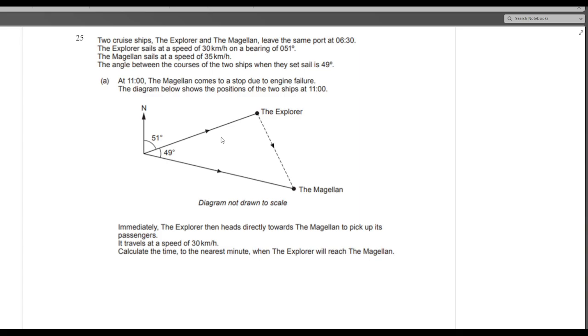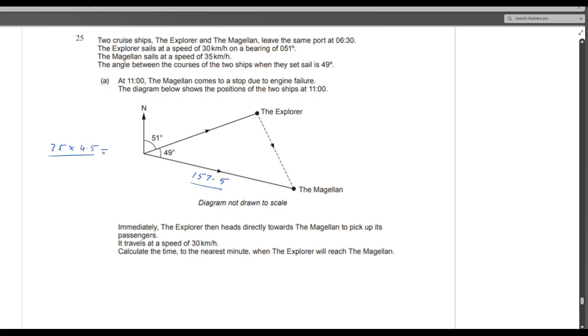35 times 4.5 we will do, which is 157.5. So this distance is 157.5. What we did, we multiplied this 35 by 4 hour 30 minute, that is 4.5, and we get 157.5.